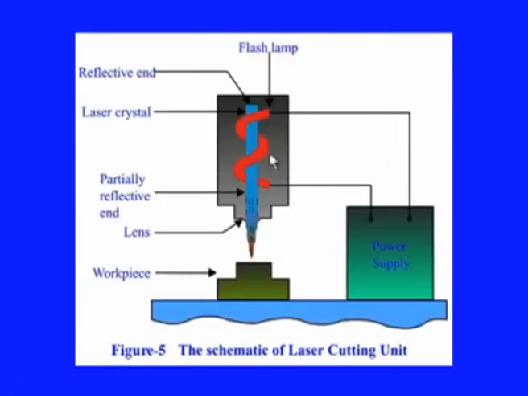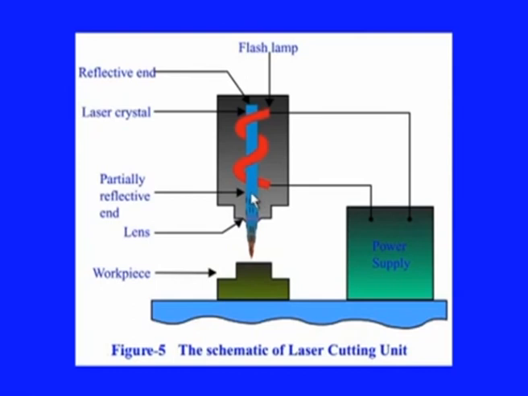This is another schematic of how the laser is being produced. So, this is the lasant, and here the spiral red element is responsible for the additional energy, which is in the form of a flash lamp, and this will supply energy to this lasing material.